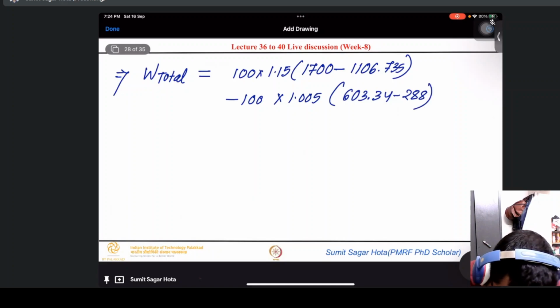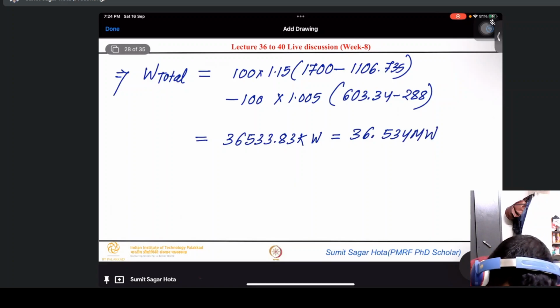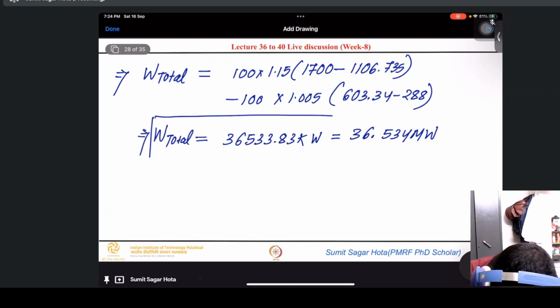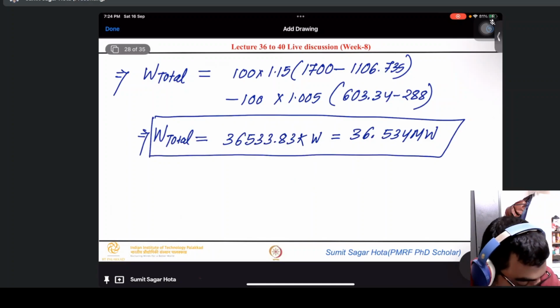You solve, you will get 36533.83 kilowatt, 36.534 megawatt. Okay.